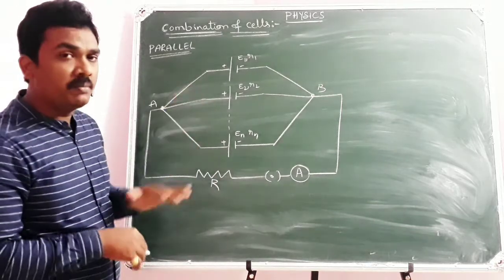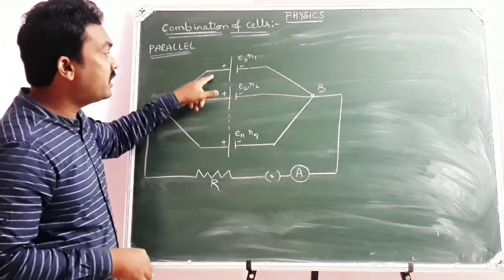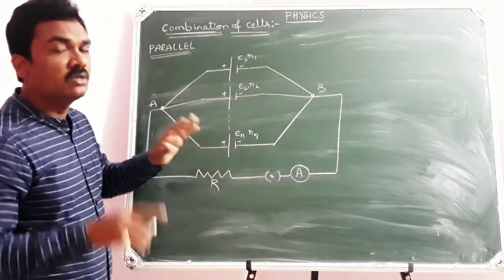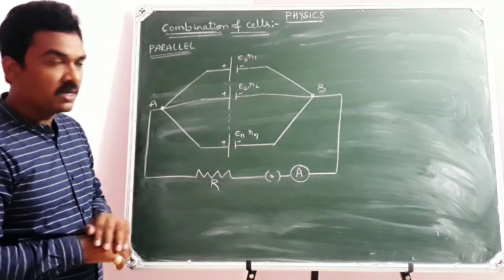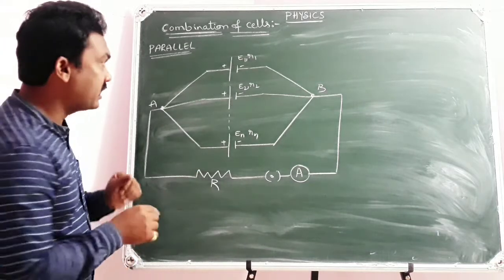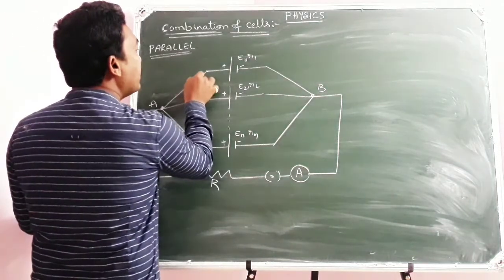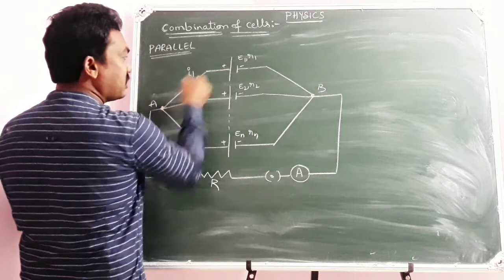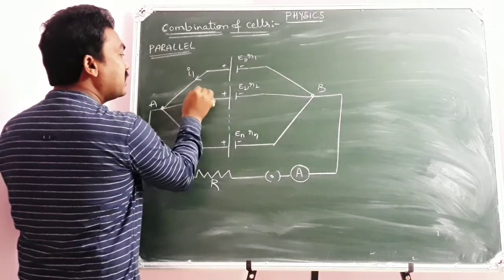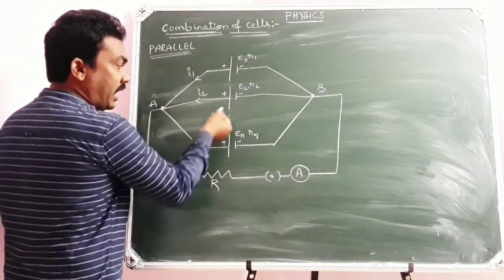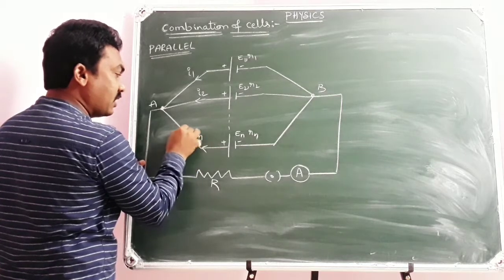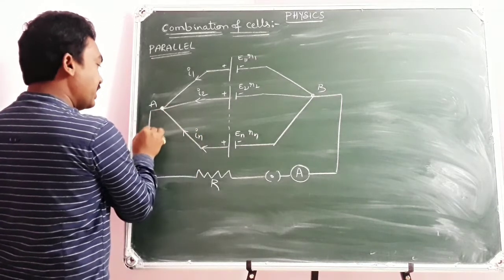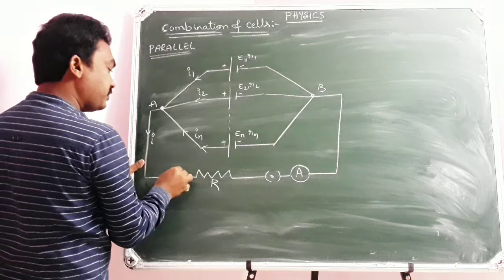But in parallel combination, the potential difference across every resistor will be the same, because they are in parallel. For example, here I1 current is drawn from the first cell, I2 from the second cell, I3 from the third cell, like that IN from the nth cell. All these currents join here and come out as I.